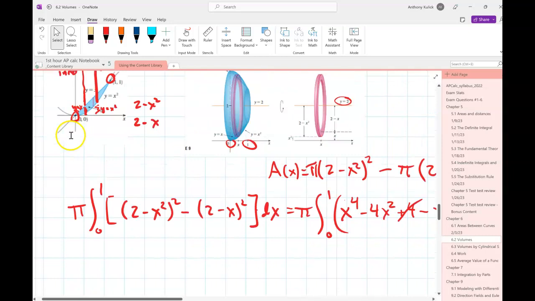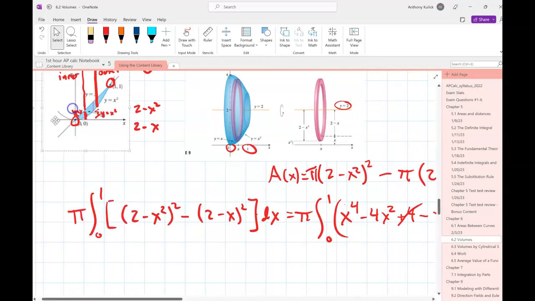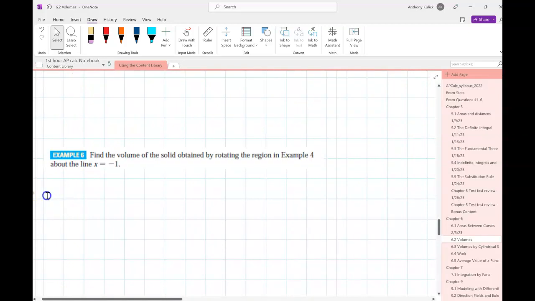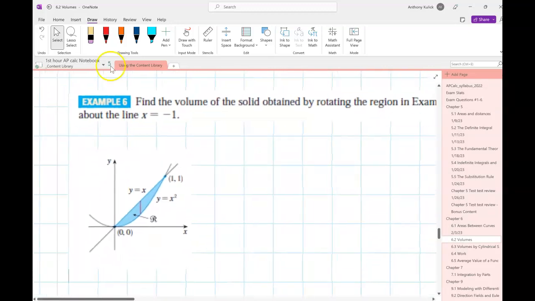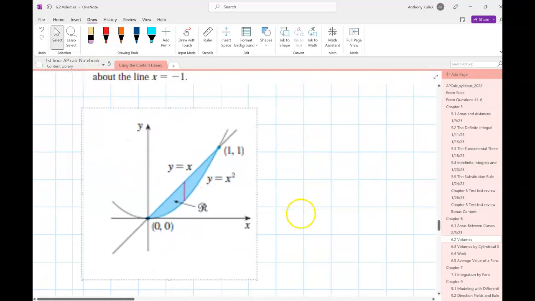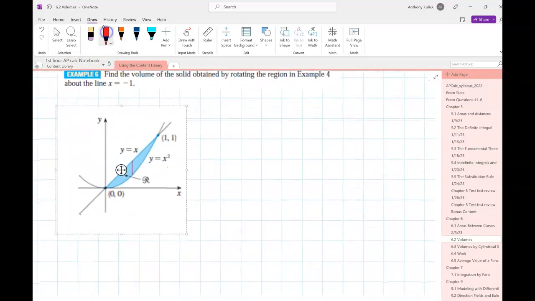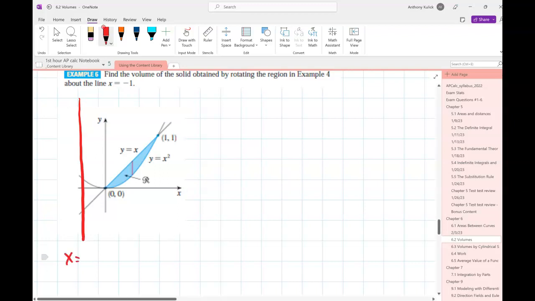All right, we're going to take that same region, but this time we're going to rotate it about the line x equals -1. So where is x equals -1? It's like here, right? When we do that, what kind of shape are we going to get?